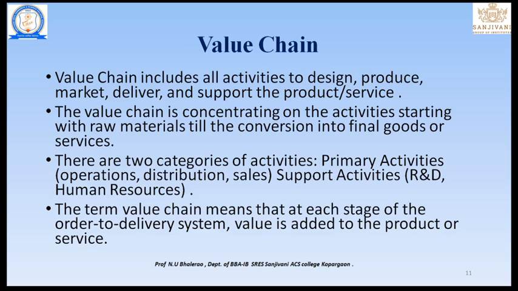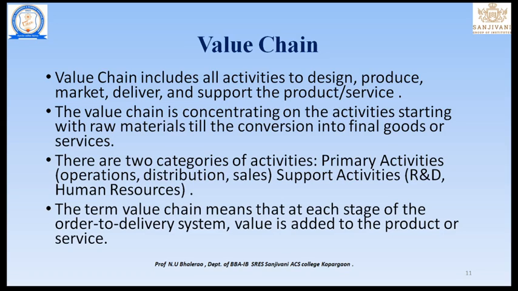Then the value chain is not only part of the market, but it is continuously improving and concentrating on the activities starting with the raw material up to the end consumer. So it will involve the connectivity of production, distribution, and sales. So it is all about the value chain.